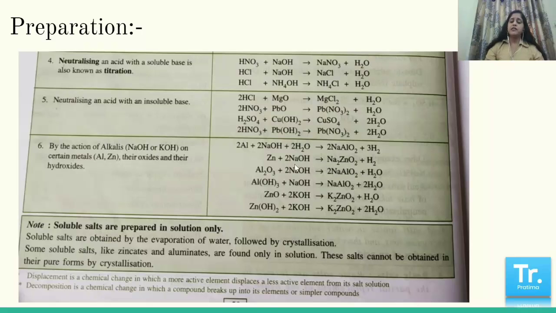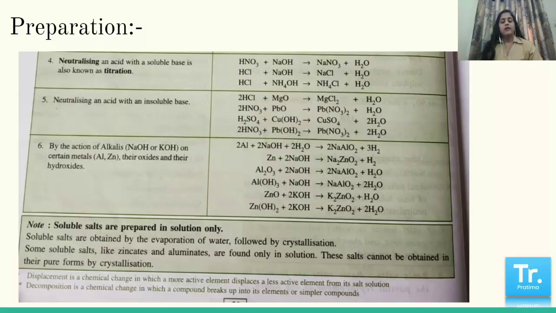So these amphoteric metals or their oxides and hydroxides with bases will give you salt and hydrogen or salt and water. Please try to guess what type of salt they are. We have done it just now in the previous slide. So I guess this will help you to remember. And you should also be able to reason out why they are of that kind of salt.